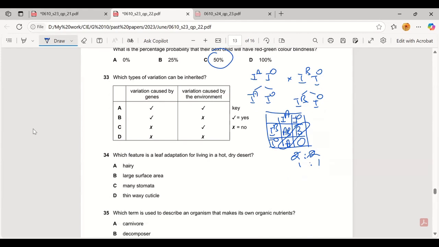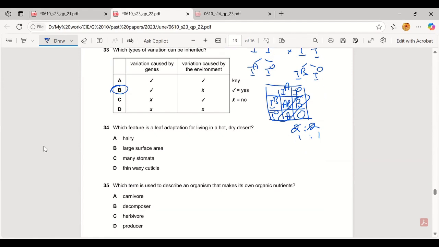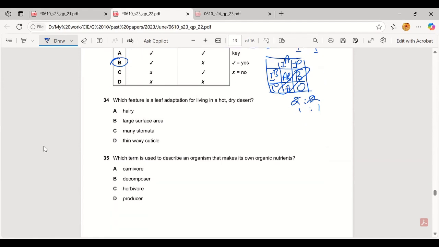Which type of variation can be inherited? Iman? B. B, yes. Environmental factors or their effect is not an inherited effect. Which feature is a leaf adaptation for living in a hot, dry desert?